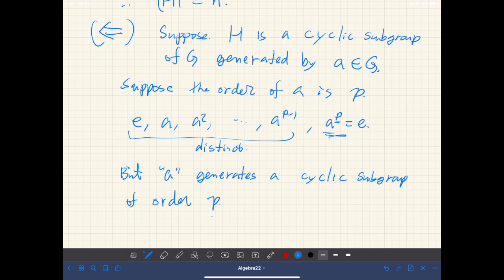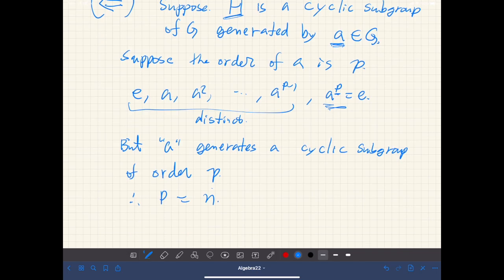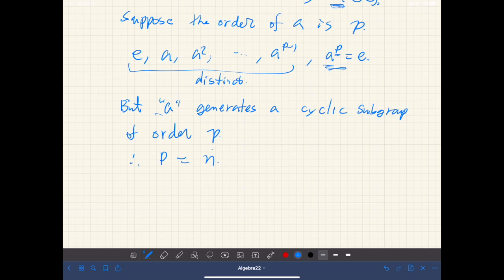So this means p must be equal to n, because H is supposed to be generated by this a. It's a cyclic subgroup generated by this. But a generates a cyclic group of order p, so this p must be equal to n. So we are done.